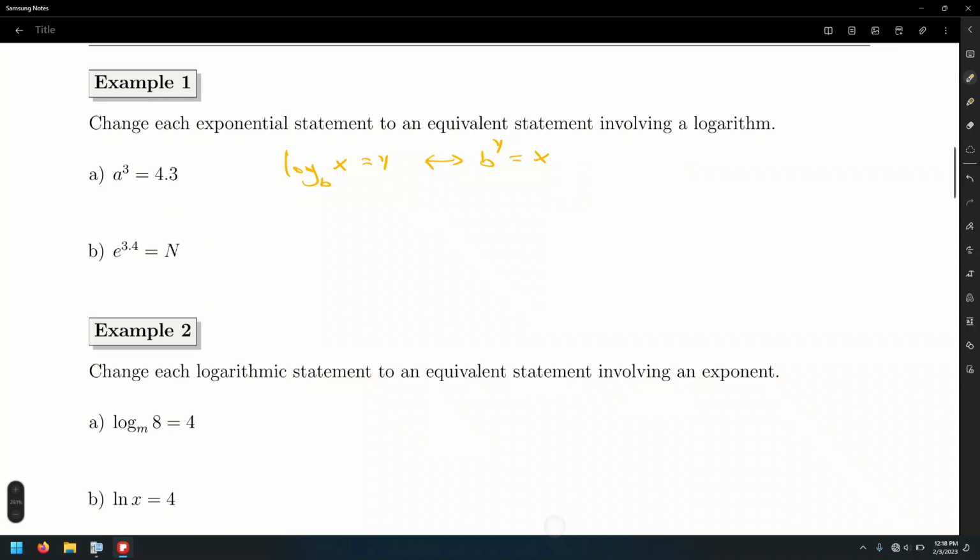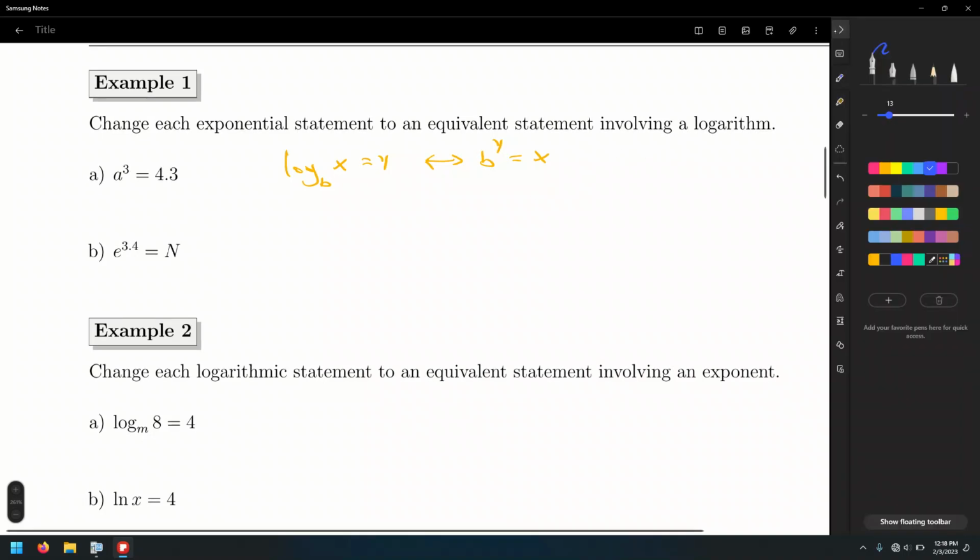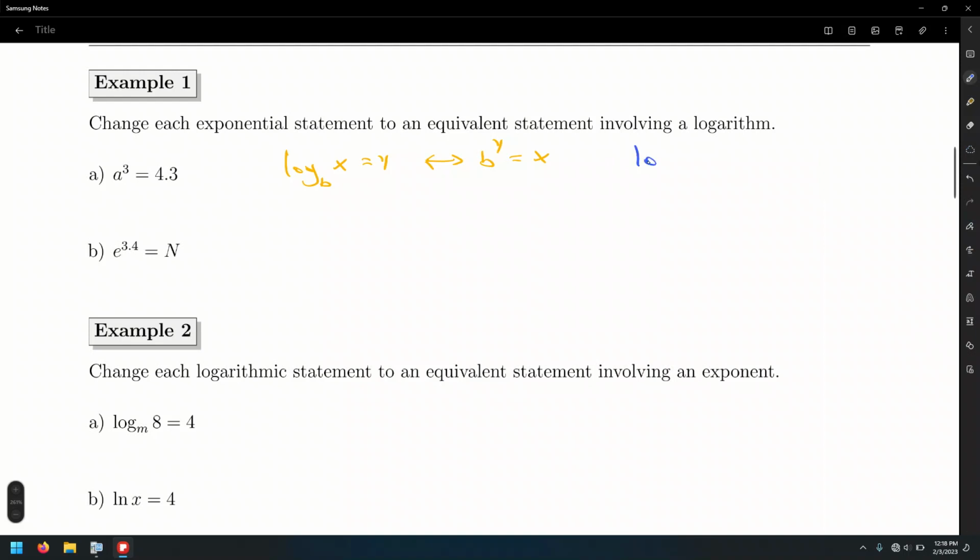In this case, the base is given by the base of the exponential function. This will be log base a of 4.3, which equals 3. That means we need to raise the letter a to the third power to get 4.3.